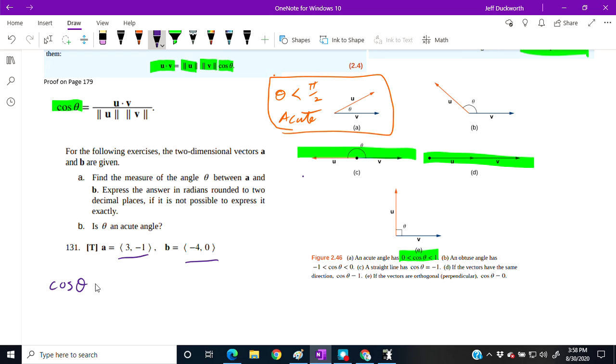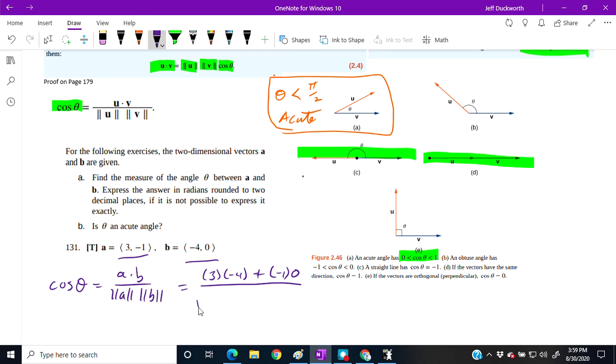So cosine of theta equals A dot B over the magnitude of A times the magnitude of B. Well, A dot B is going to be just the dot product of these two, which is 3 times -4. Those are the first parts of each of them. And the second parts are -1 and 0.